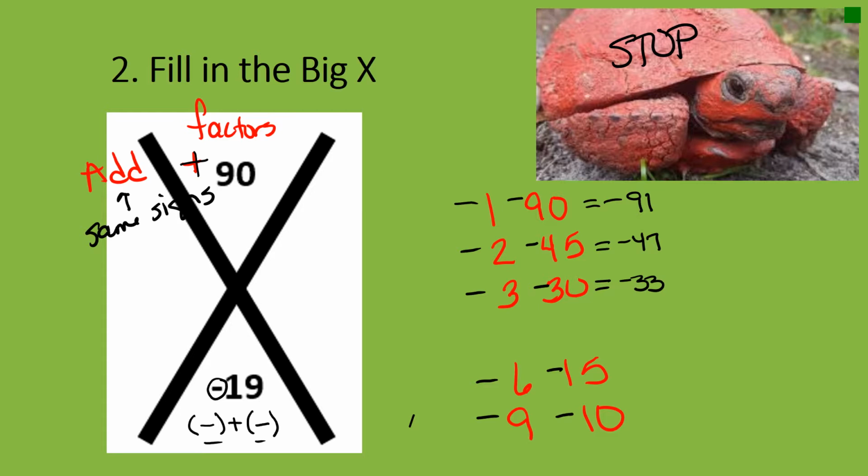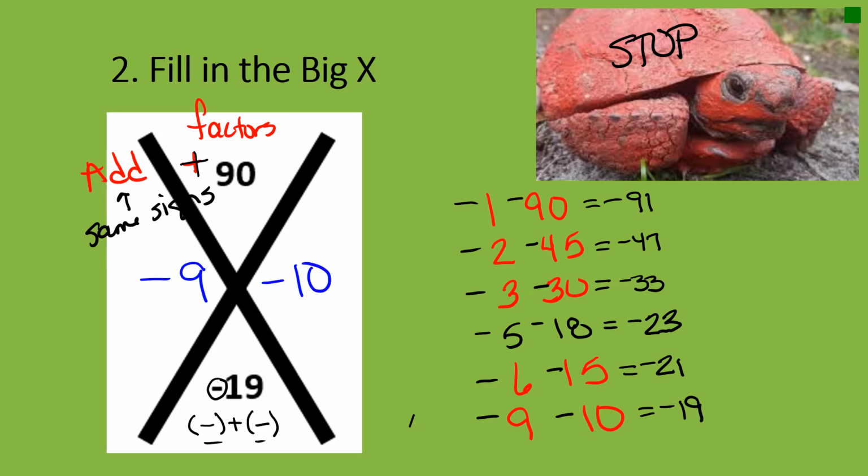Negative 5 and negative 18 adds up to negative 23. Negative 6 minus 15 is negative 21. Negative 9 minus 10 is negative 19. So those are the 2 numbers I want to put on the side.